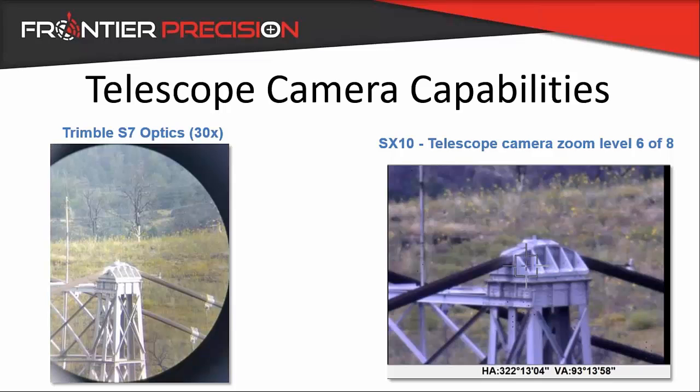I don't have eye strain. And then lastly, I just have the ability to zoom in with a camera and take an image or look through the image of the instrument at a much higher resolution. So that's what you're seeing here with these two photos. Really displays the power of using a telescopic camera over traditional optics.